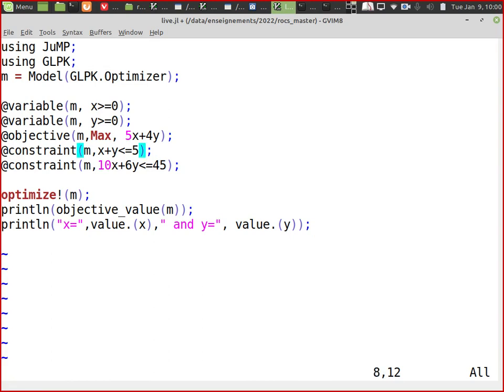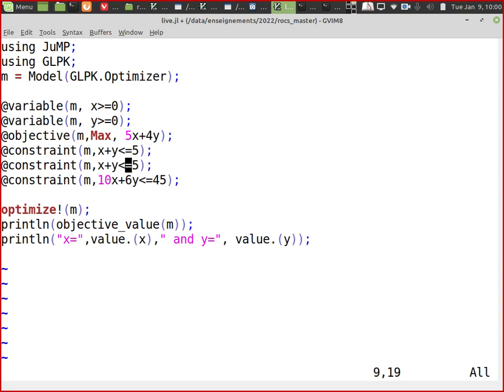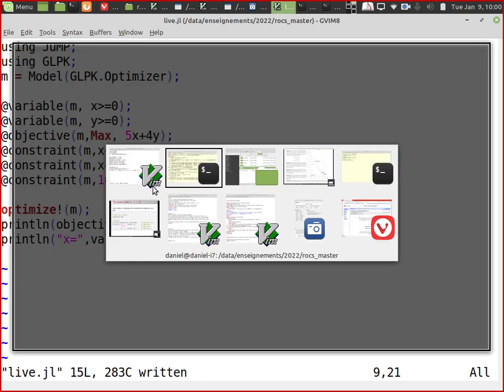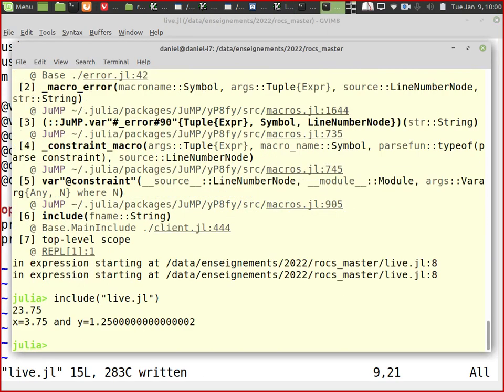I ask x plus y to be less than 5, and then I ask x plus 5 to be greater than 10. This is clearly not possible, because I ask something to be less than 5, and the same something to be greater than 10. Okay, it's not possible. It will work.